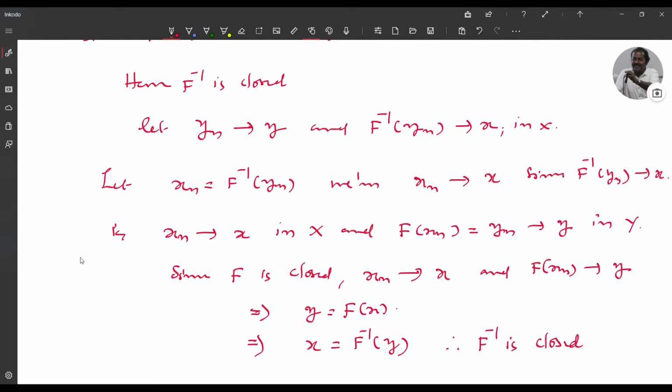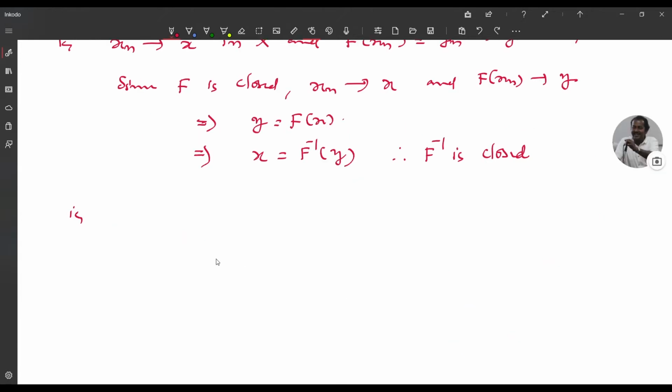Our assumption was that yn converges to y and f inverse of yn converges to x, and from that we get x equal to f inverse of y. Therefore f inverse is closed. That is, X and Y are Banach spaces and f inverse from Y to X is a closed linear map.